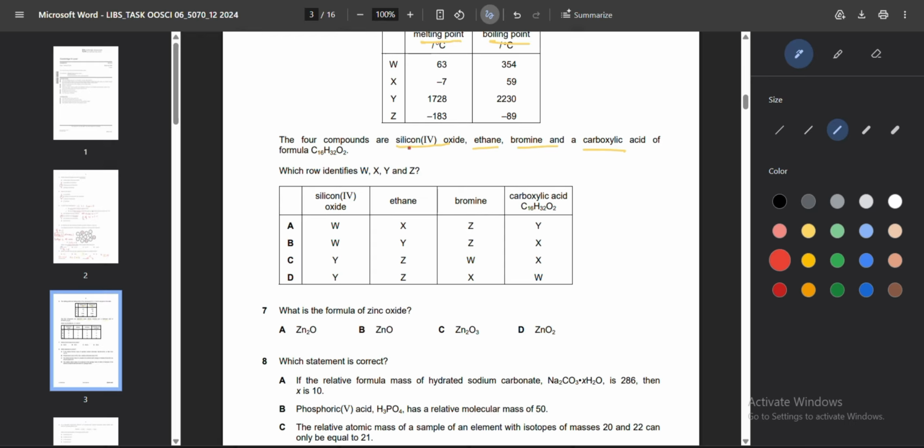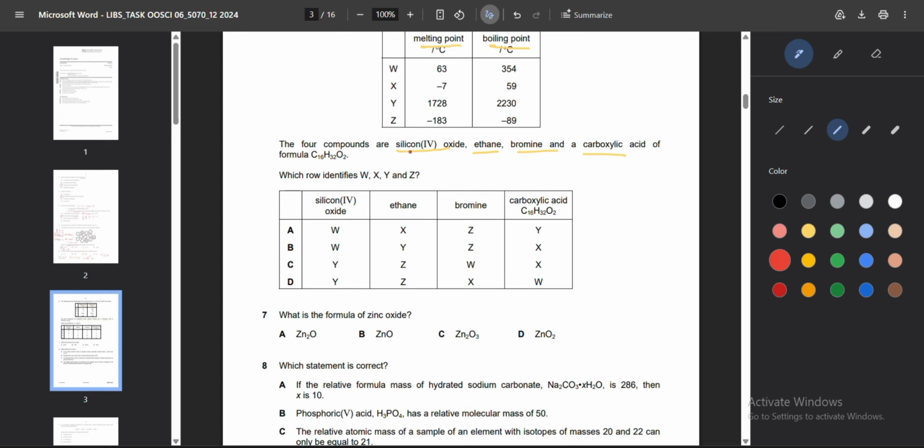the silicon dioxide, SiO2, is present in solid state. It has very high melting point and boiling point, since it is present in solid state, and also due to its giant covalent structure.